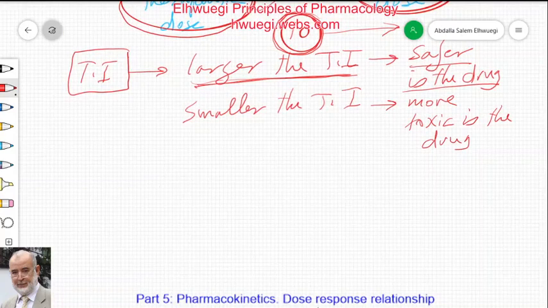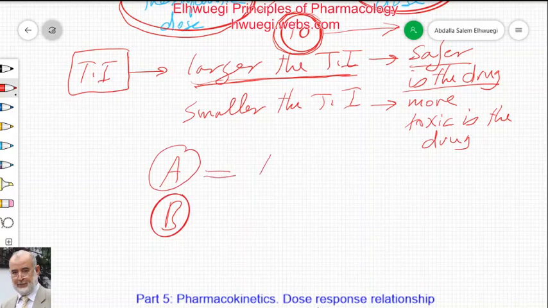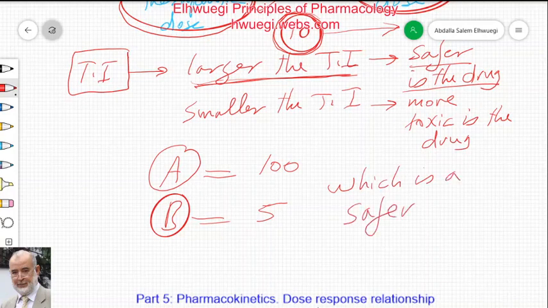Suppose I have two drugs, drug A and drug B. Drug A has a therapeutic index of 100, while drug B has a therapeutic index of 5. Which is a safer drug? Which drug is more safe? Drug A or drug B? Drug A, of course.